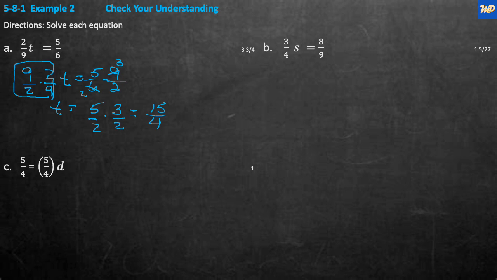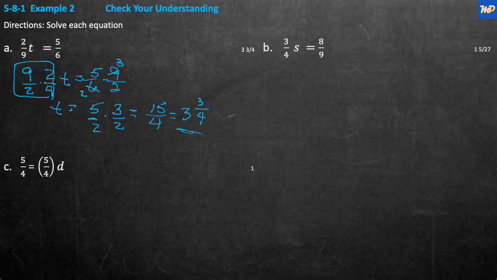And then if we convert this to a mixed number, 4 goes into 15 3 times. And there are 3 remaining. 15 minus 12 is 3. So we have 3 and 3/4. So the solution there is 3 3/4.